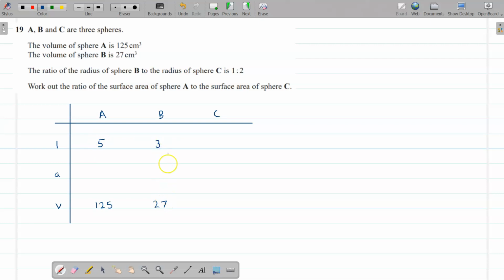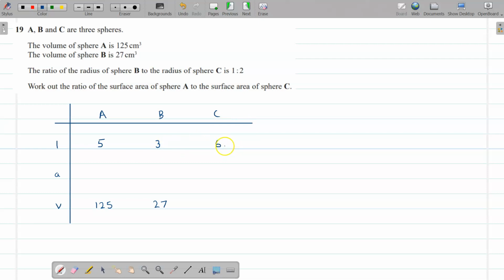The cube root of 27 is 3, the cube root of 125 is 5. So basically the lengths or the radiuses or any lengths in those spheres A and B are in the ratio 5:3. And C is double the lengths of B. So the radius of sphere B to the radius of sphere C is 1:2. So if that's 3, this must be 6.